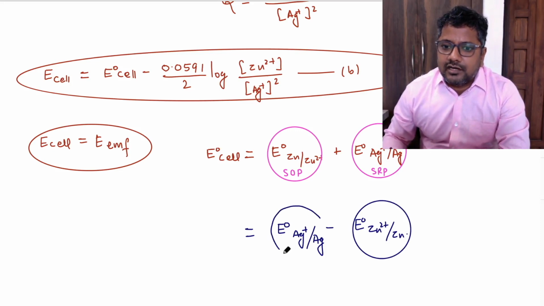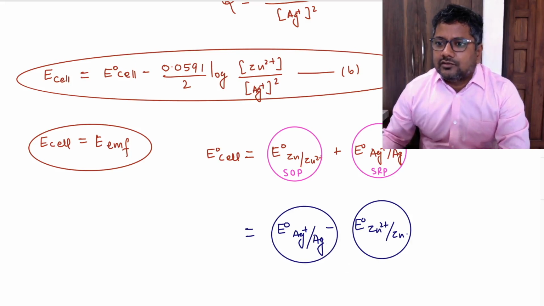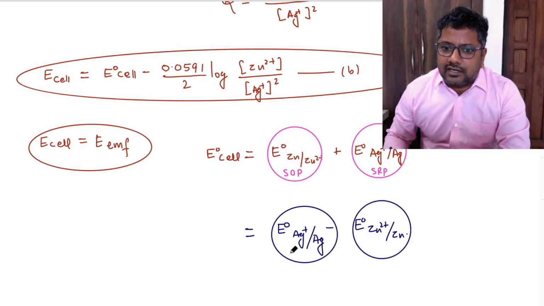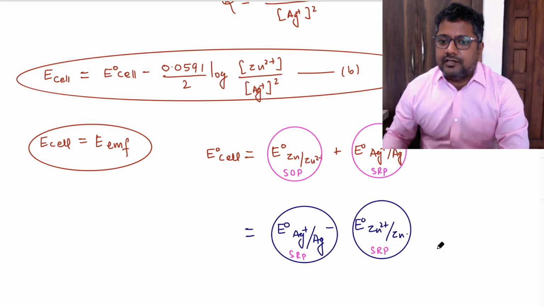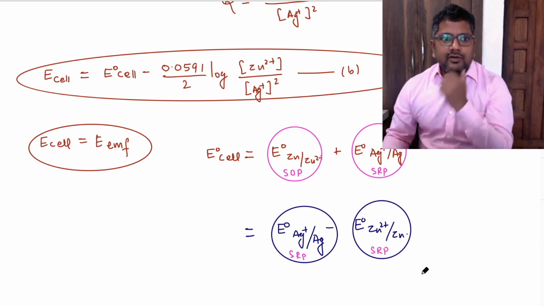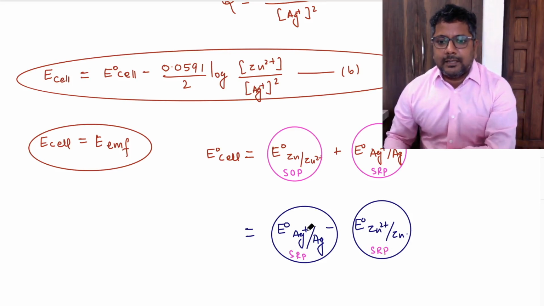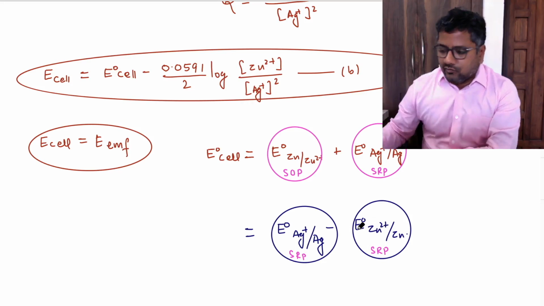So this time both are reduction, SRP minus SRP. If you wish to take reduction on both electrodes, what do you have to do?